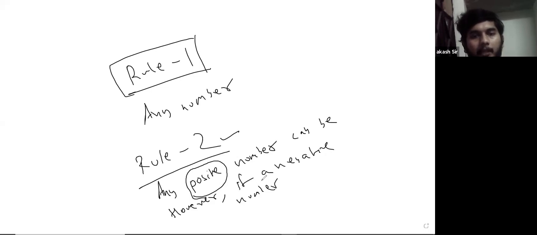Okay. If a negative number is multiplied or divided, then the sign of the inequation will change.